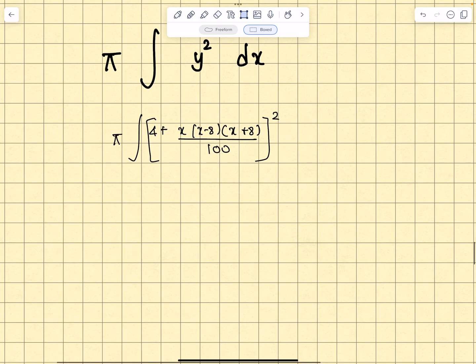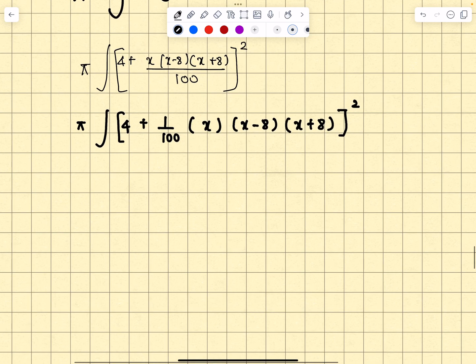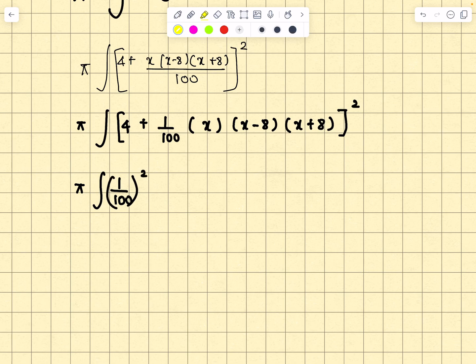Okay, so here, to make this nice, I'm going to put 4 plus 1 over 100 times x minus 8, and then times x plus 8, the whole thing squared. When I square all of this, it's slightly harder. So I can take 1 over 100 squared common, because it was inside the square.